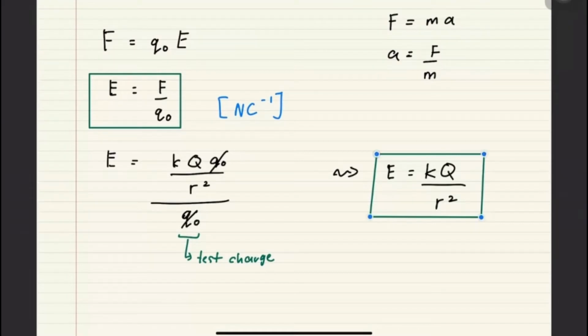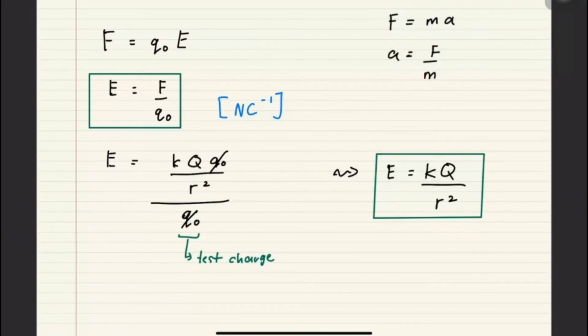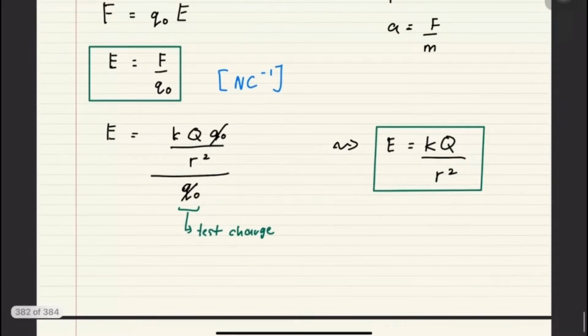Okay, so far ada soalan ke tidak? Can you guys? Tak ada, sir. Tak ada. Okay. So this one is just introduction lah. And then please remember that this one is still a vector quantity. E is a vector.